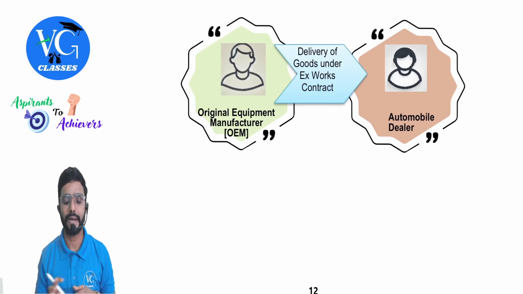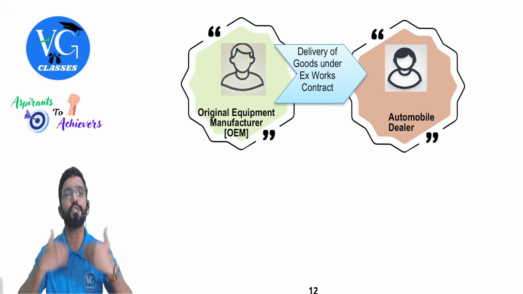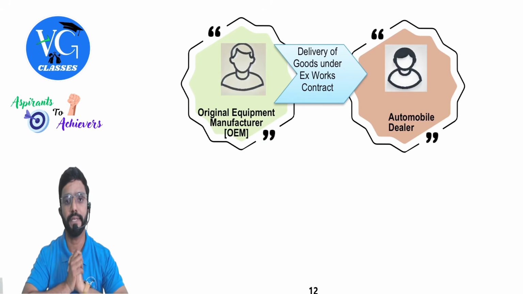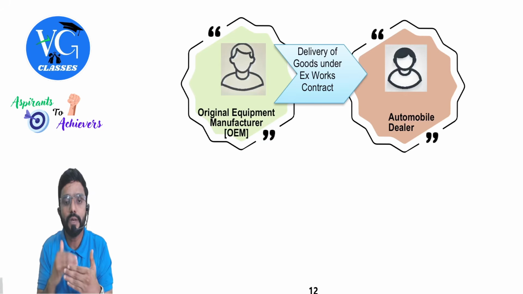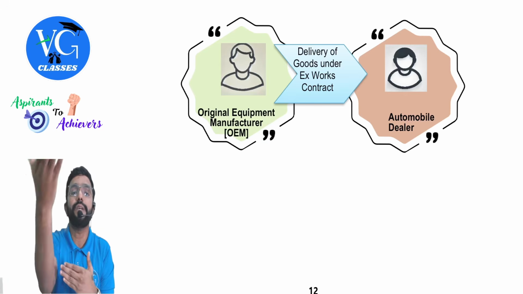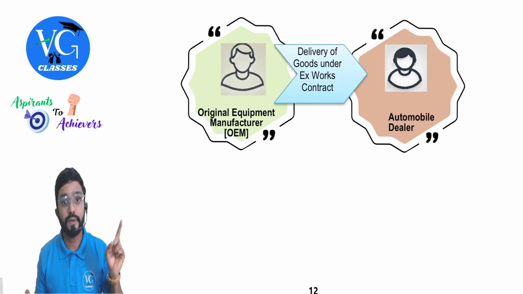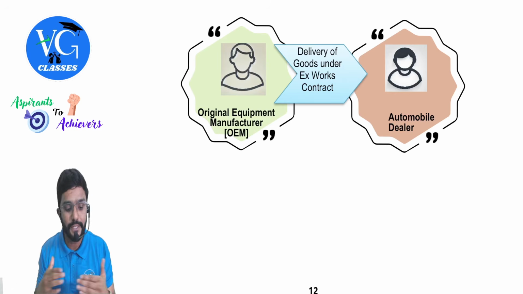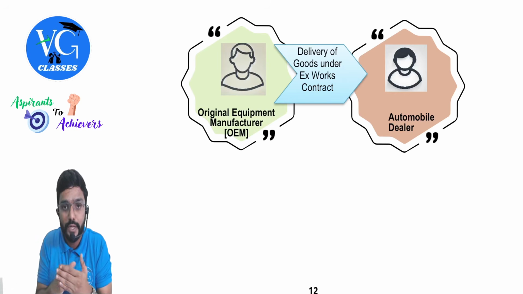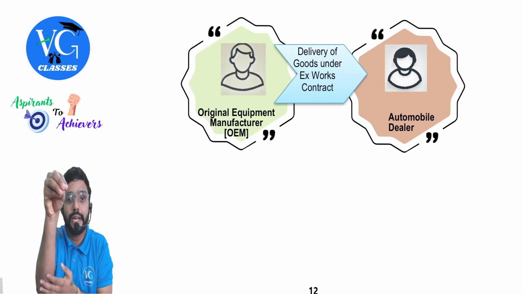See, an ex-works contract means, assume I am supplying goods to you. I am the supplier, you are the recipient. Now, my responsibility as a seller or supplier will end when I hand over the goods to the transporter to deliver it to you. My responsibility will not end when it is delivered to you. Assume I handed over my goods at the factory gate to the transporter.